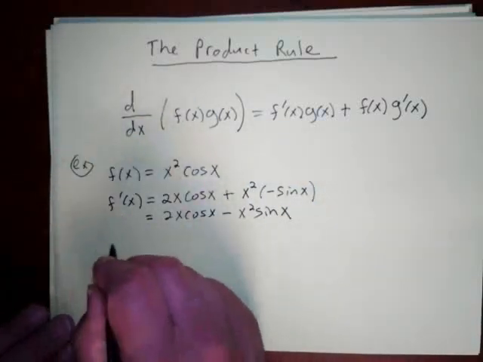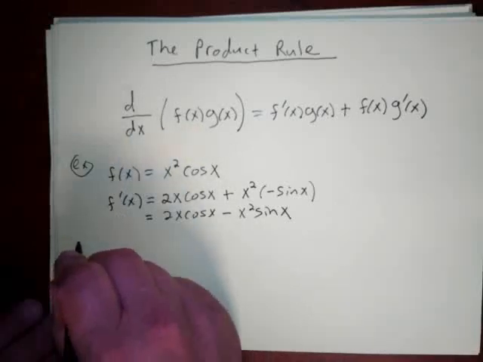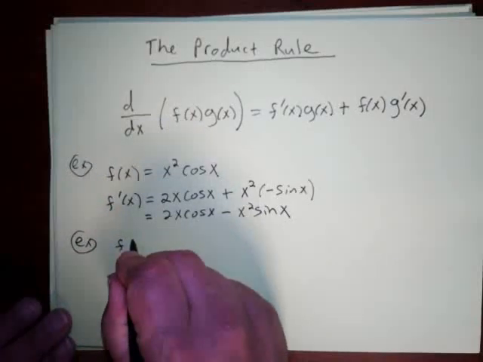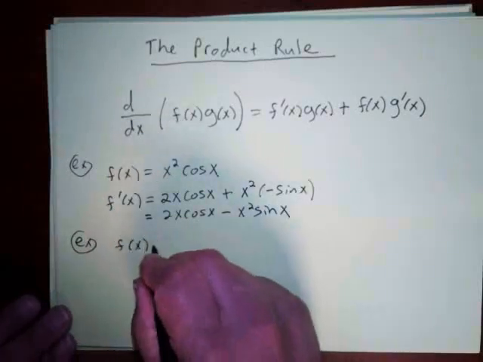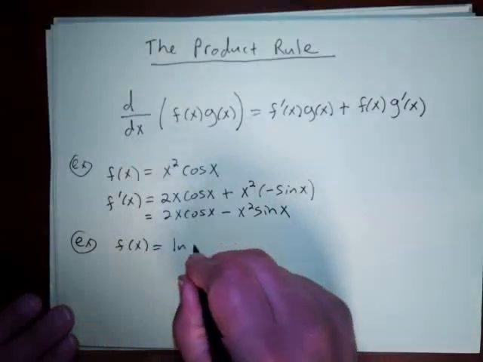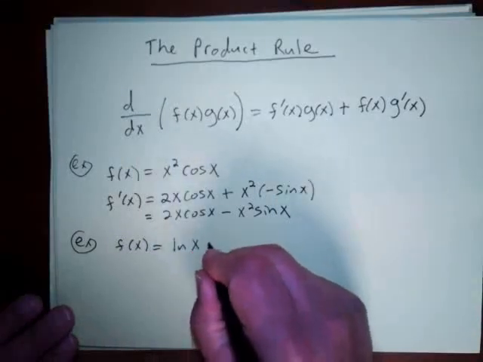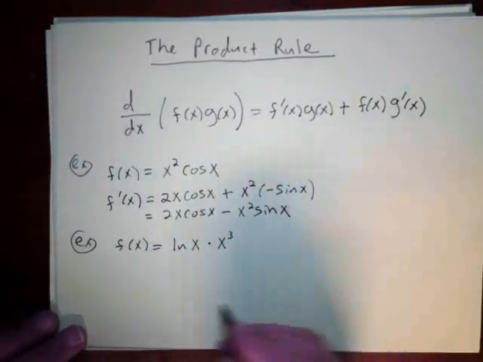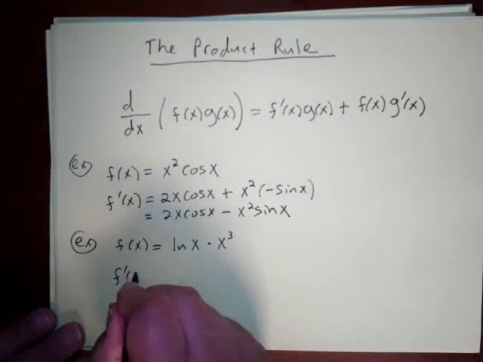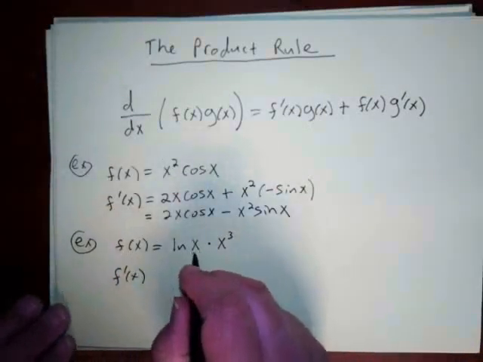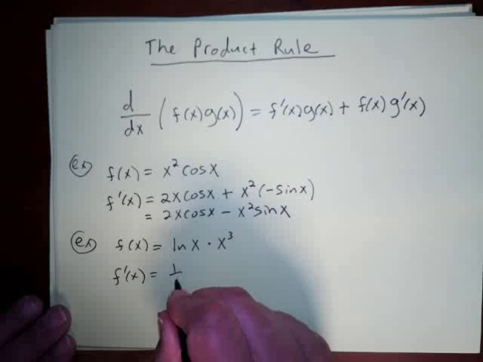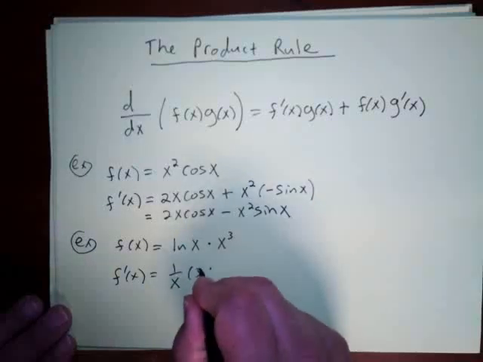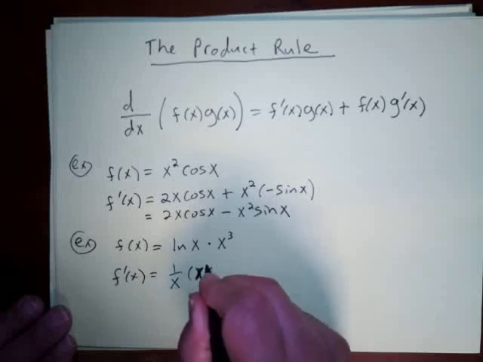Let's say we want to find the derivative here of, I don't know, we could say the natural log of x times x cubed, let's say. Okay, well, if we want to find the derivative of this, then we're going to take the derivative of the natural log of x, which is 1 over x, times just x cubed.